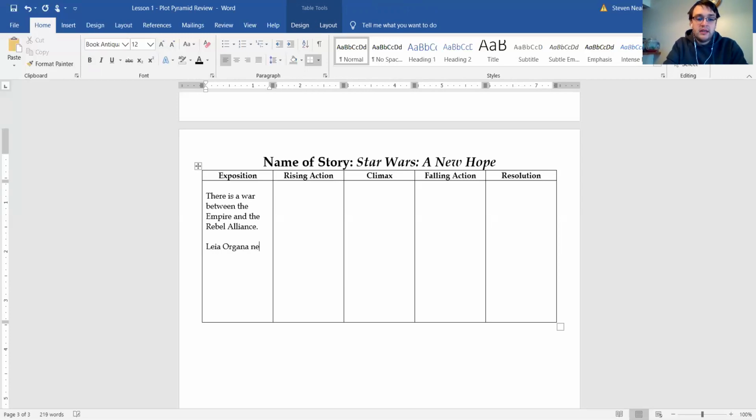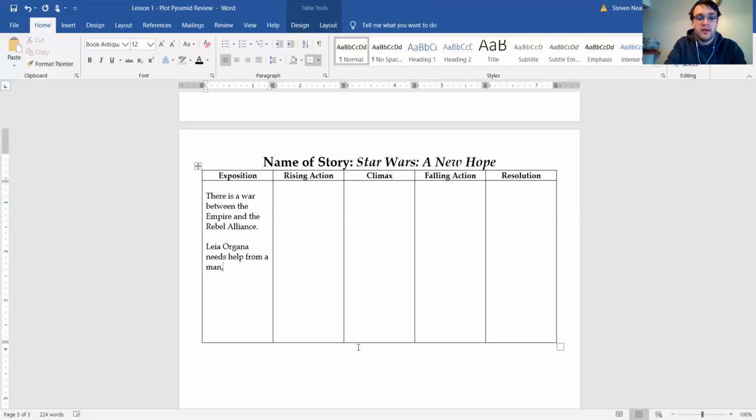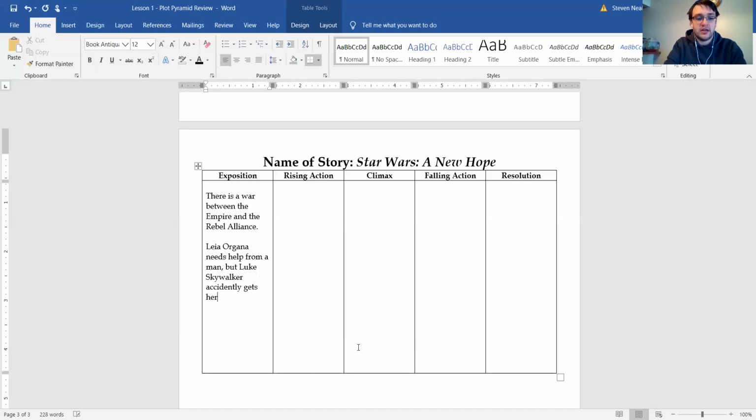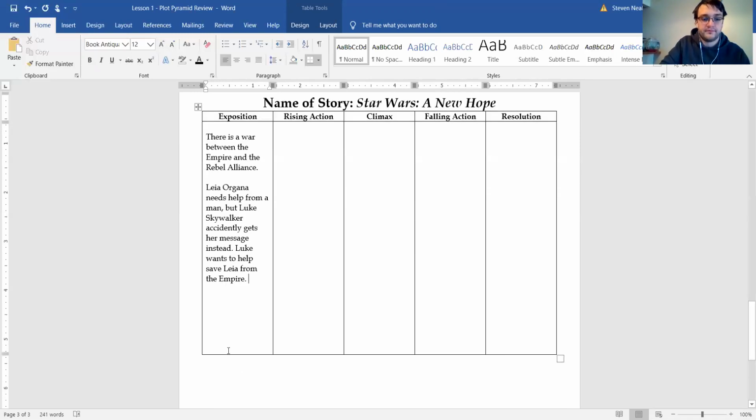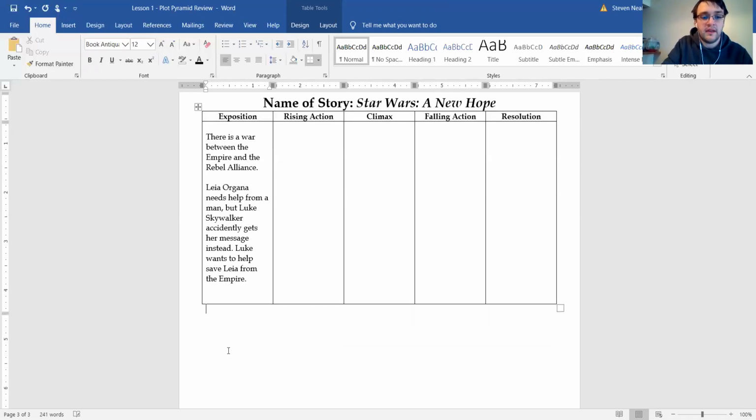Leia Organa needs help, but Luke Skywalker accidentally gets her message. Help save Leia from the Empire. That's what we learn in the exposition.